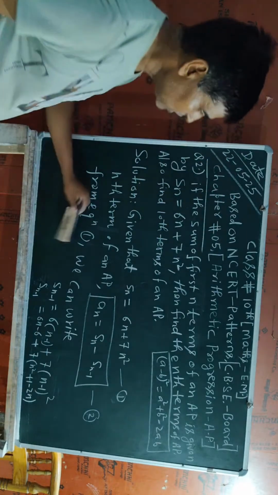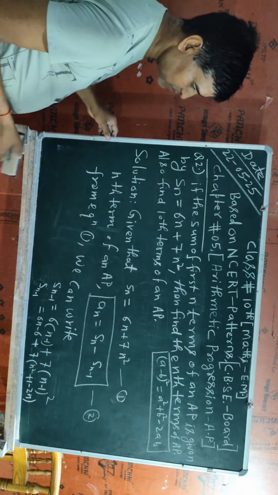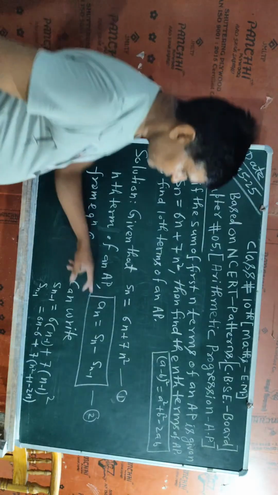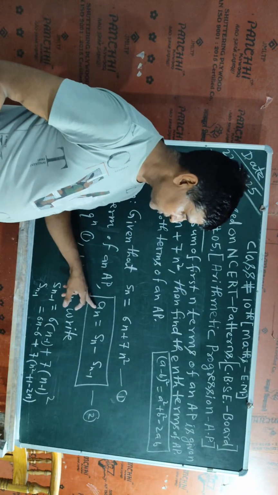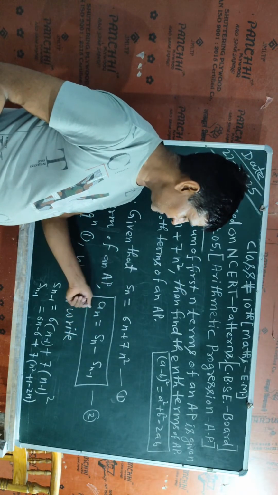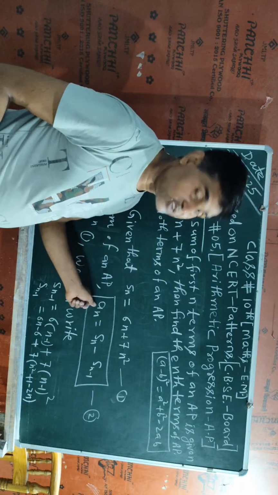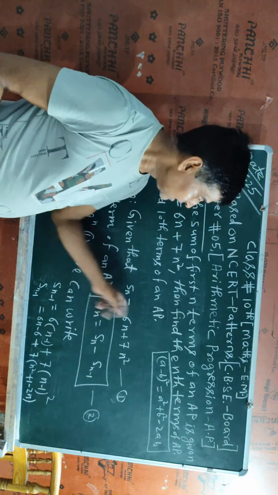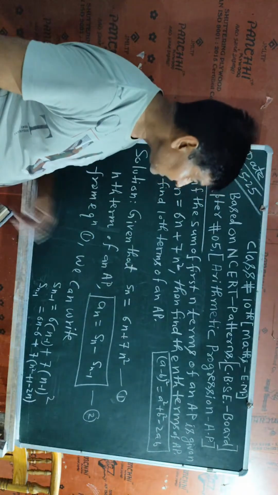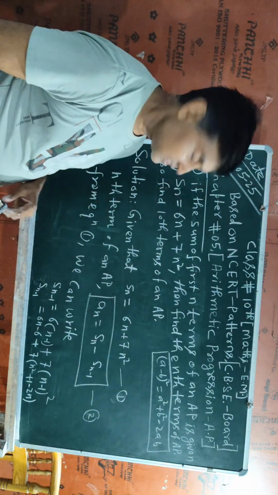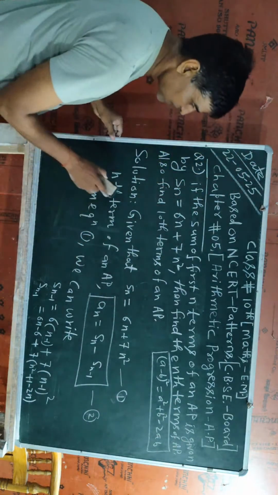Okay student, now I am going to erase the above data, and after erasing I will substitute here, and after simplifying I will get the value of a_n, the nth term of the given information. Okay student, further I am going to erase the above data for further calculation.